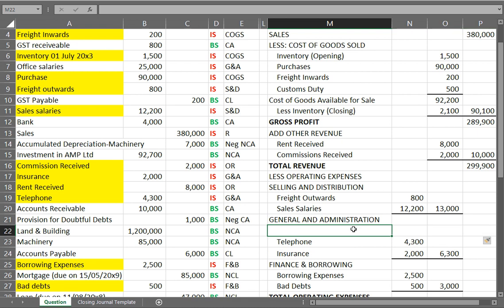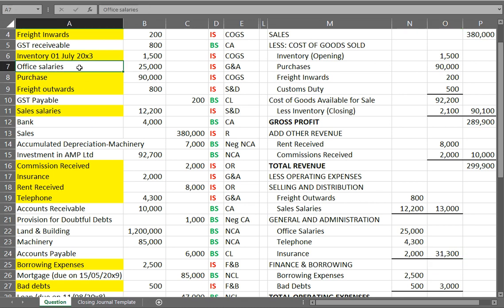That's okay. Let's do that. So it will be office salaries 25. Okay, we'll have to change the subtotal over here. So plus 25. Okay. And now I can highlight this one as well. Well, that's much better.